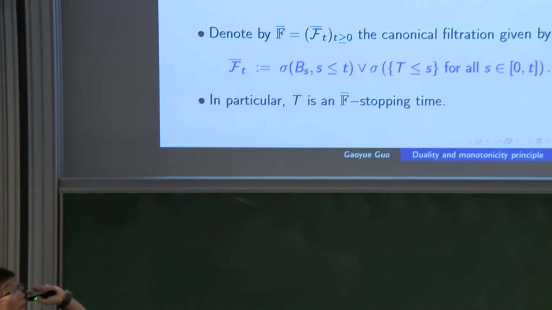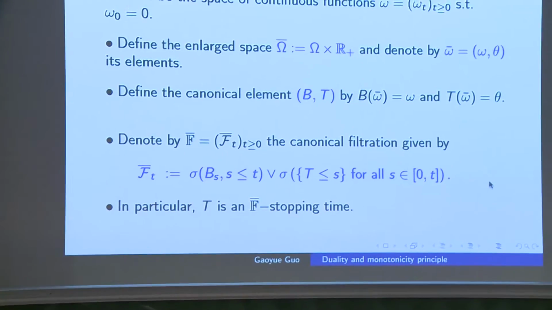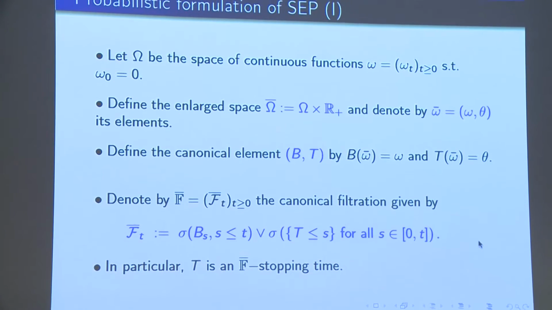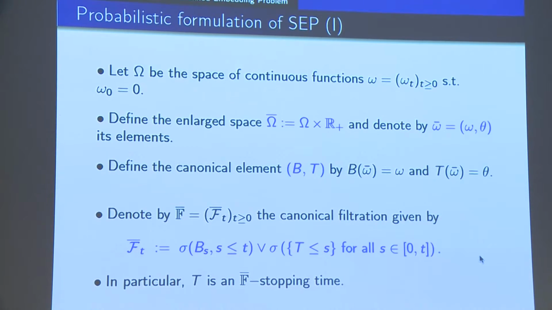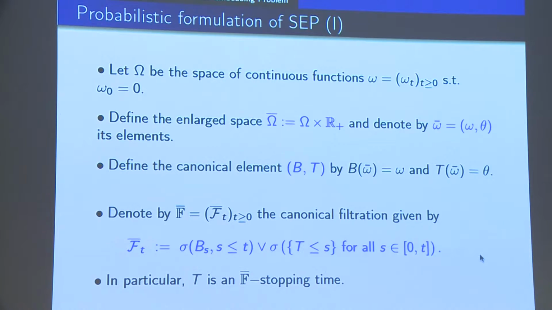To formulate this problem, we introduce the space Omega of continuous functions starting at 0, and we define the enlarged space Omega bar as the product of Omega and R_+. Given this space Omega bar, we define the canonical element B_t defined this way.